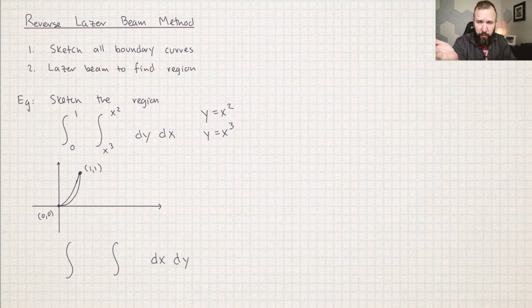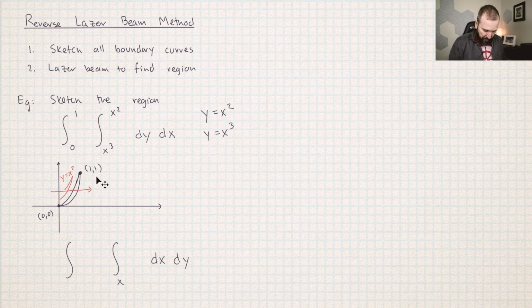Now I'm going to reverse the order of integration. It started off as dy and then dx, and so I reversed it, so now it's dx and then dy. There's the region, and I need to draw a horizontal laser beam this time, because I'm doing dx first. This enters the region at the inside function, which is the parabola, and the outside function is the degree 3 equation.